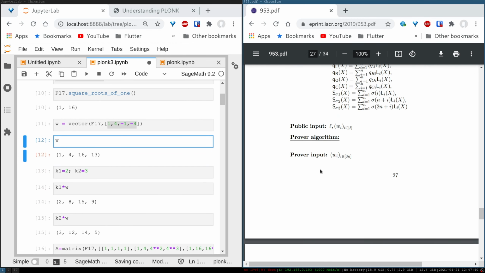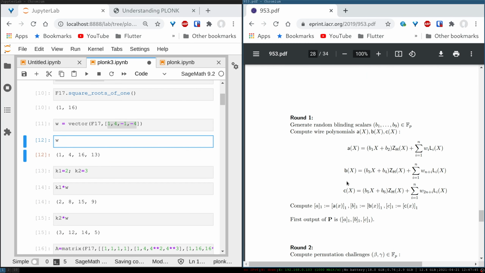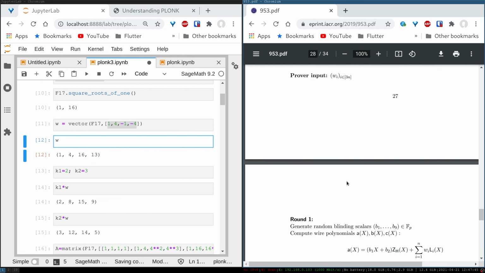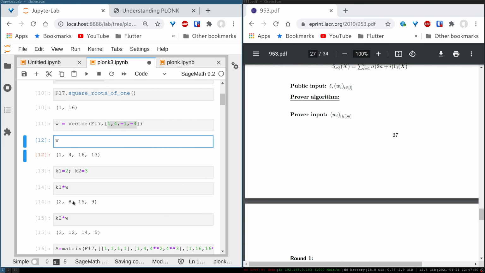Now the algorithm needs... we're not yet on round 1. We are still defining our reference string. Other stuff we need for our reference is labels.